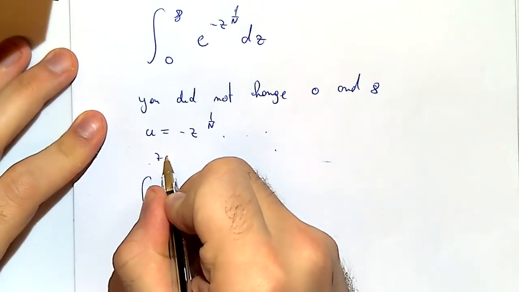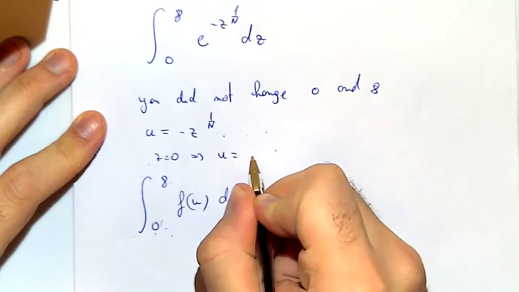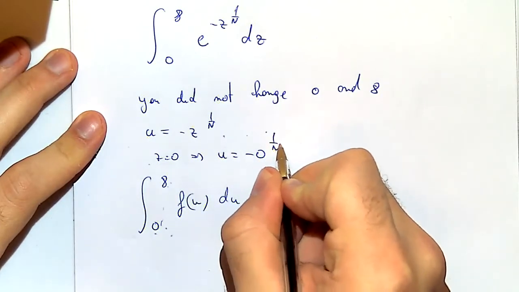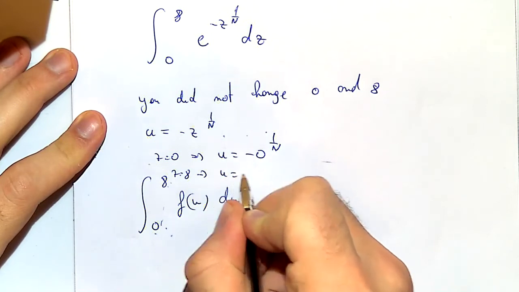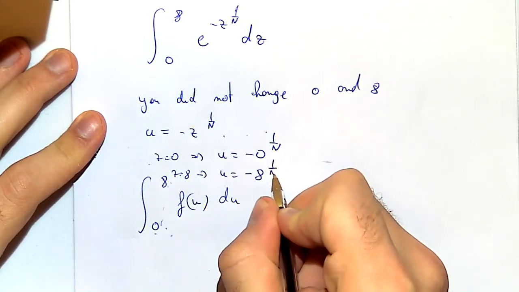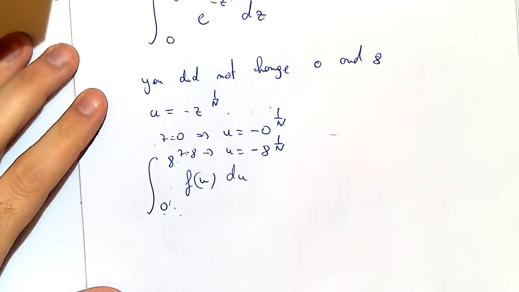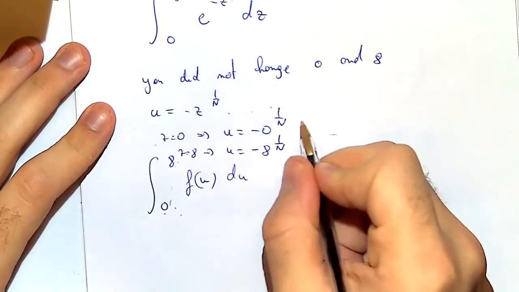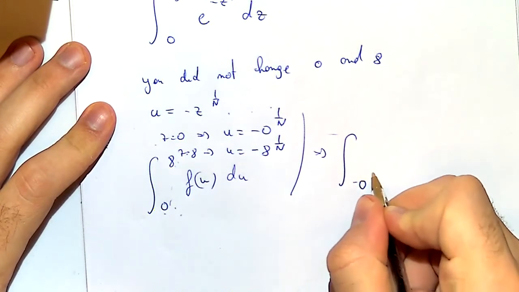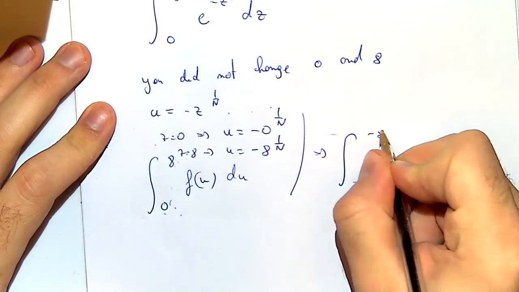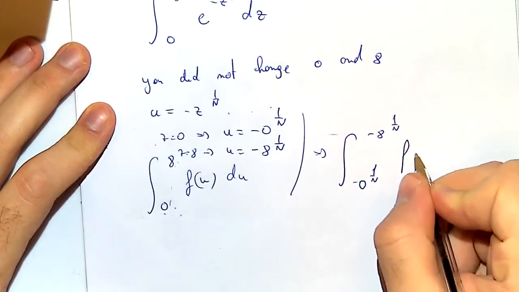So for example, z equals 0 means u is going to be minus 0 to the 1 over n. Z equals 8 means u is going to be minus 8 to the 1 over n. Okay? So with these replacements, your integral should have been from minus 0 to the 1 over n to minus 8 to the 1 over n of f of u du.